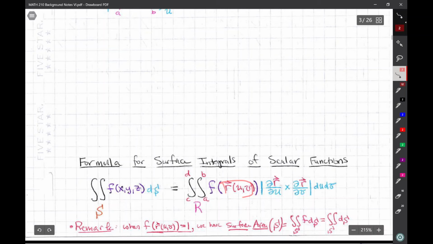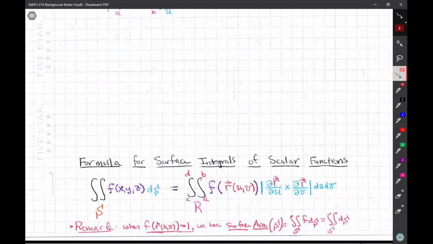After you get the parameterization, you just run it through that formula. So you plug the parameterization into your function of 3 variables, and you'll get your dS, also in this light blue, by taking the partial derivatives of the parameterization, crossing them together, then taking the magnitudes. And here you get your bounds from your parameterization.